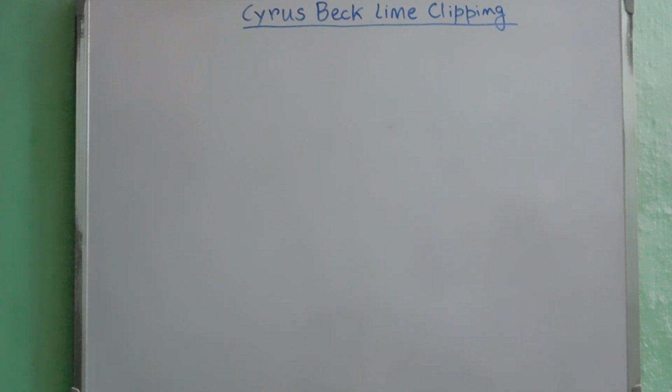Hello everyone. In my previous video I told you about the Cohen-Sutherland algorithm which is used for line clipping, and in this video I will be discussing another line clipping algorithm, that is the Cyrus-Beck line clipping algorithm.